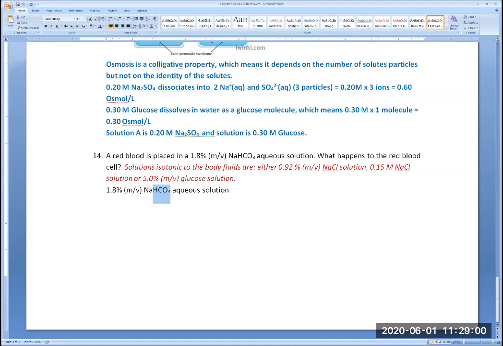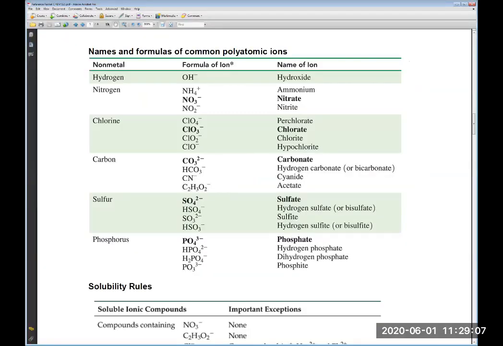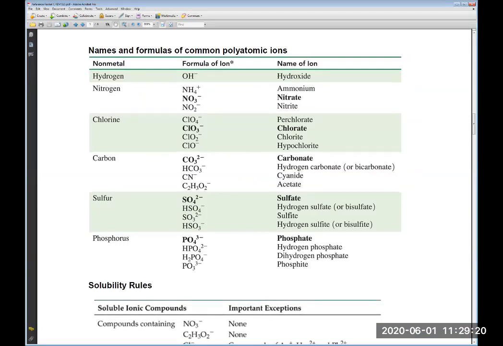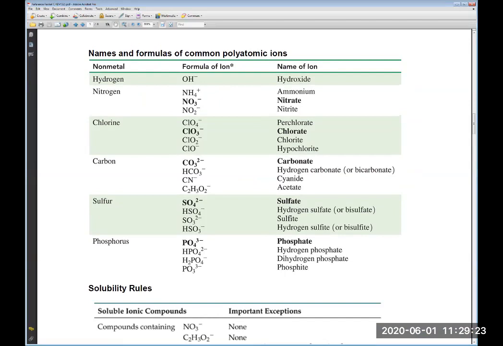If you don't, then go to your list of polyatomic ions. If you look at the list of polyatomic ions, in the middle here, you will see in the row for carbon, HCO3 negative 1 is called the hydrogen carbonate or the bicarbonate ion. So this is the ion you have with the sodium in your NaHCO3. You know, it's sodium bicarbonate or sodium hydrogen carbonate. You can call it both ways. So that's one of the ions, and then the other will be the sodium.